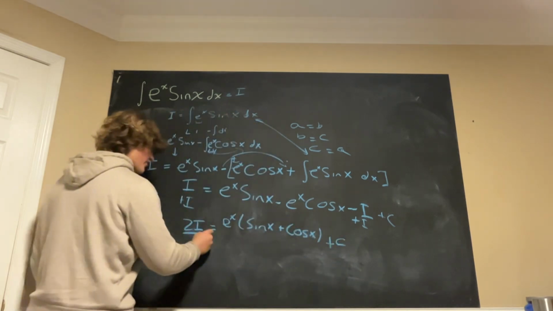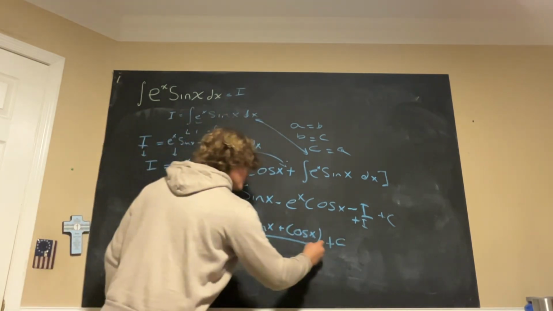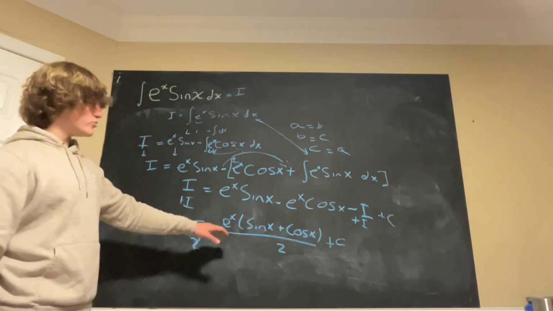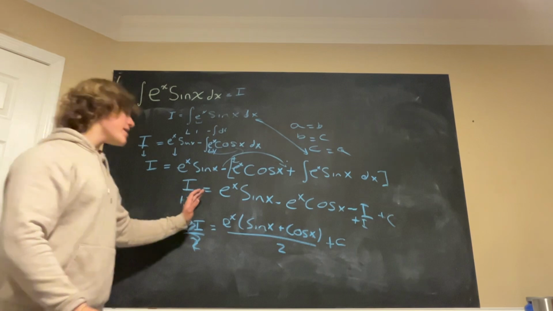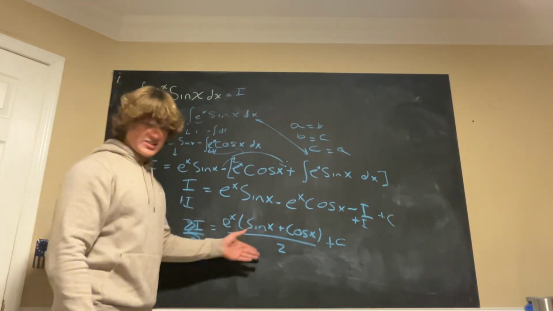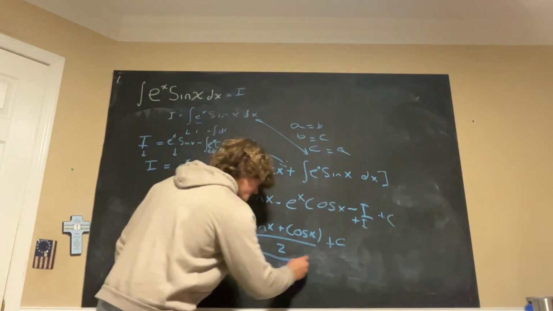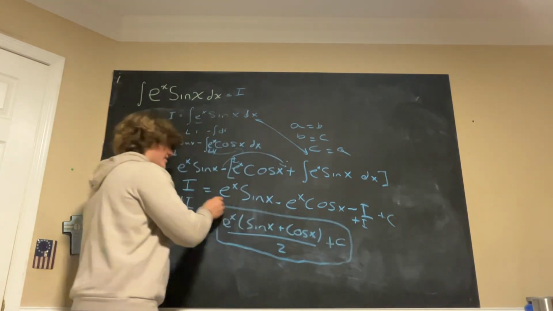So we are going to divide both sides by 2, and we get that I is equal to e to the x times the sum of sine of x and cosine x divided by 2 plus c. So this is our answer.